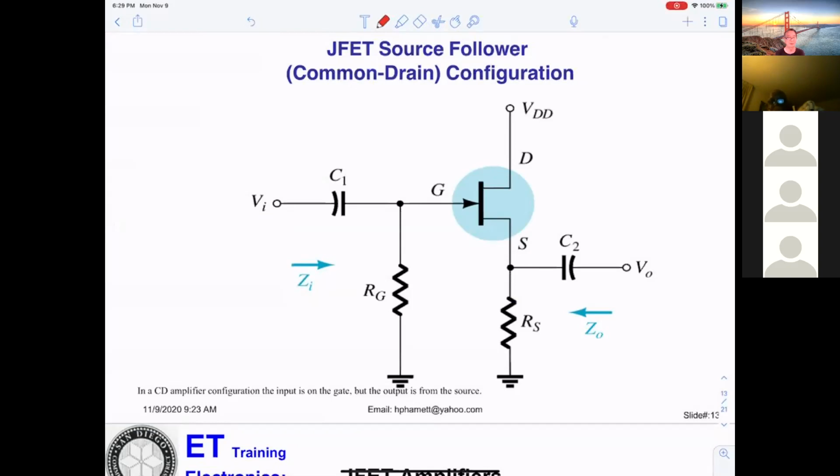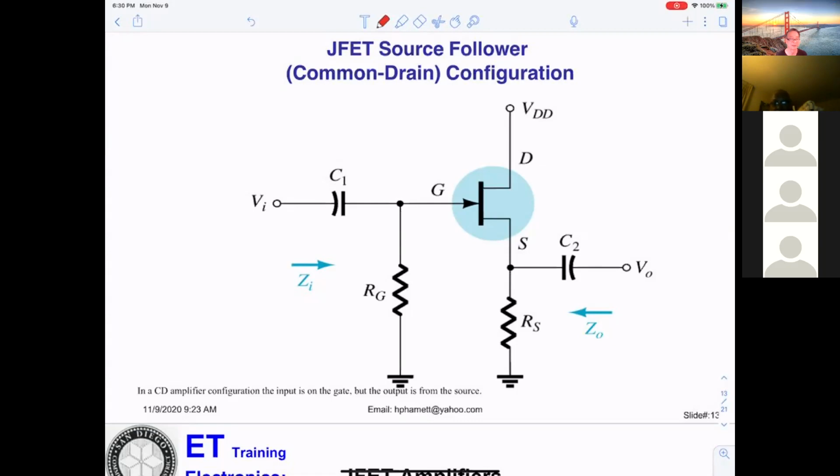Now if you're looking into the circuitry, you can recognize that it is using self bias. Input will be connected to the gate, however output will be taken from the source. Mr. Pham, this one here is graphical. Exactly, but normally we're not using graphical.